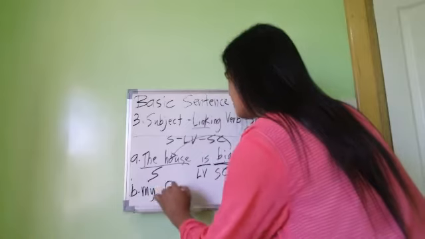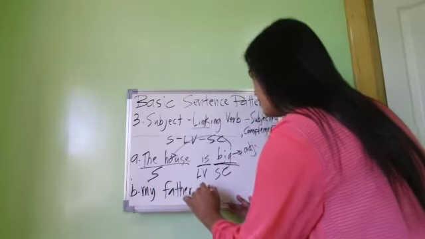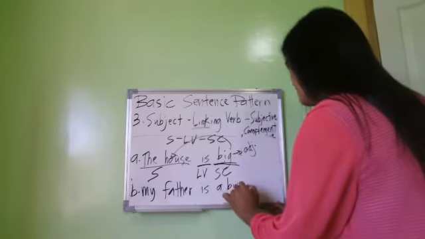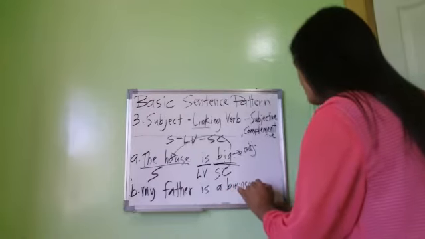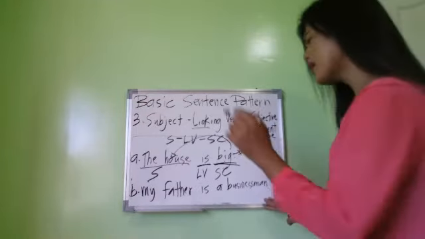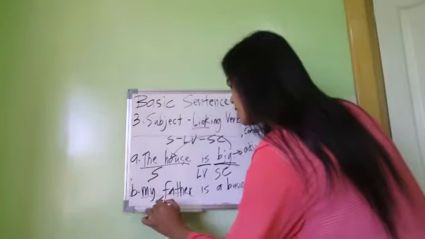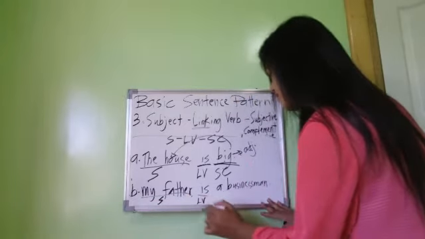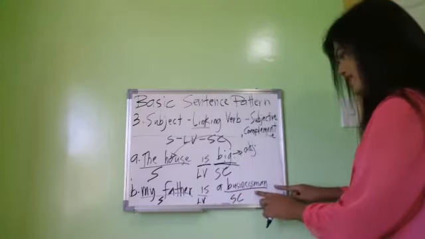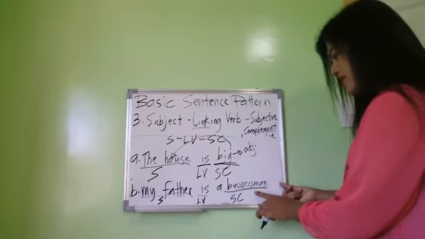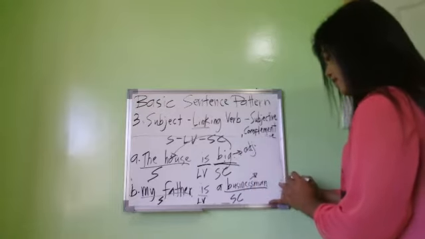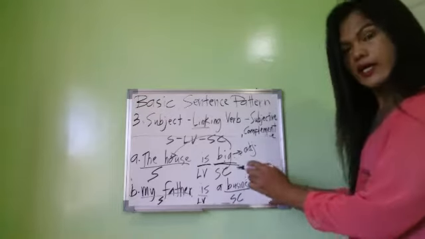My father is the businessman. Okay. So here, this is your subject, this is your linking verb, and this is your subjective complement. What is a businessman? What part of speech is a businessman? Is this an adjective, noun, or possessive pronoun? This is, of course, a noun.